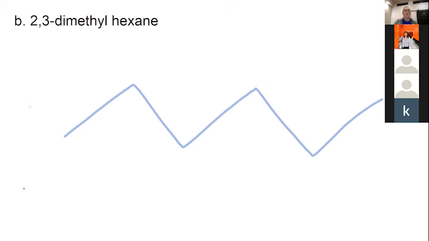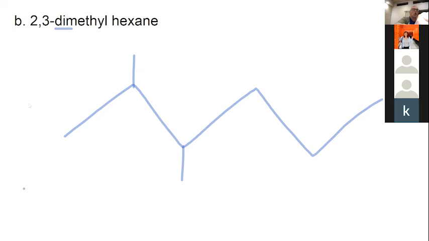Methyl groups, right? So how do we represent a methyl group as a stick figure? Just a single straight line. Remember, dimethyl doesn't mean that 2 and 3 both have a dimethyl substitution.